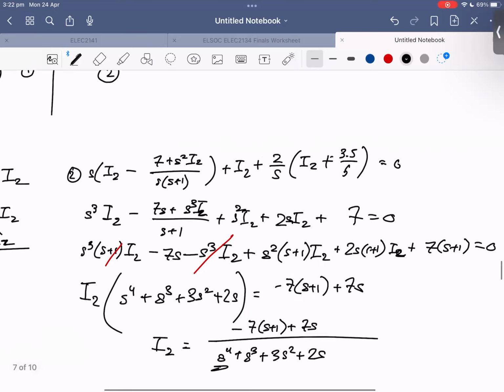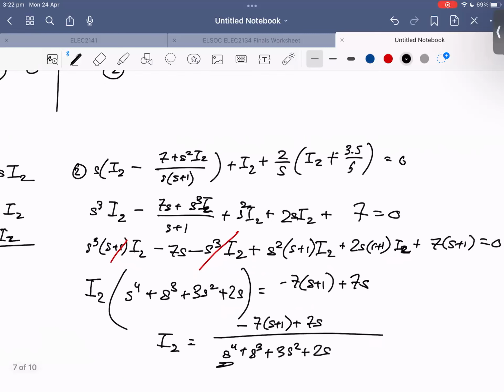Oh, is it that? Under the two. Oh, like here. S cubed. Yeah, because I times everything by S squared, I think, to get rid of, because there's S here and S here.